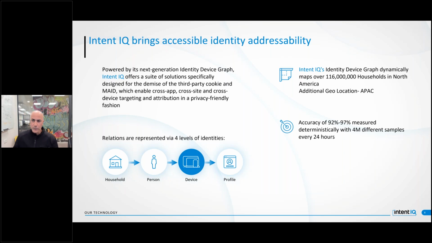Now, just a few numbers about the IntentIQ identity graph in general. We are dynamically mapping over 160 million households in North America, which represents the US and Canada, with additional geos coming in recently in Q2 this year, which is APAC, and other regions in the world coming soon.